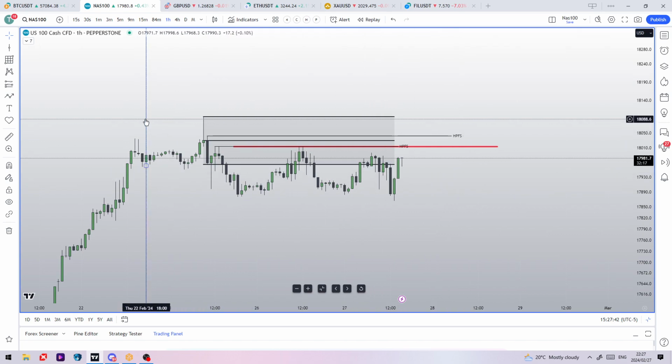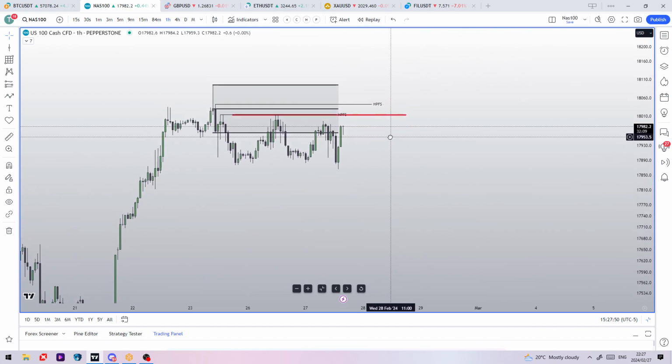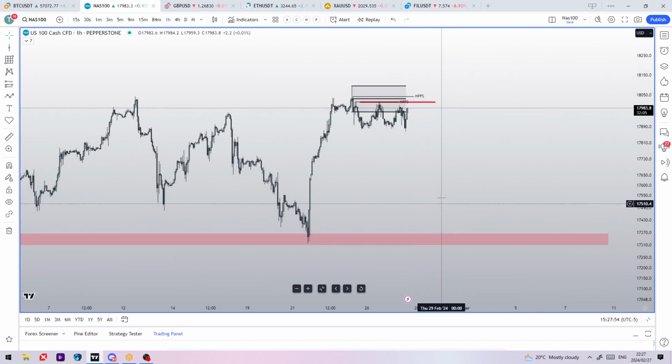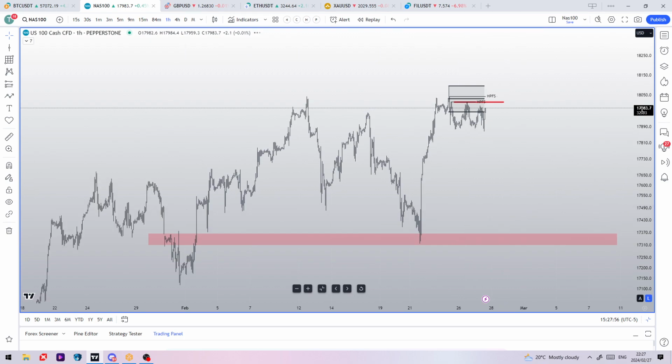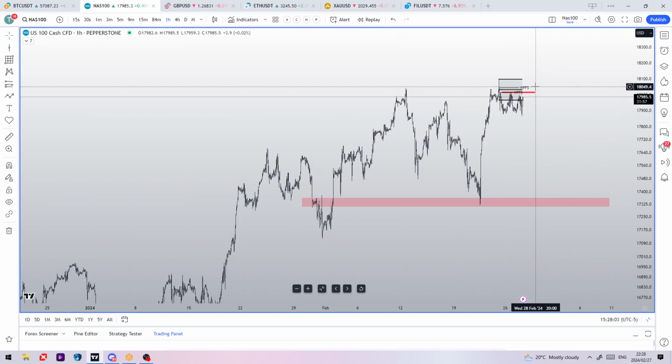Right, so we are in an interesting place or territory right here where this may give you a short opportunity that some of you may not have seen before. If we get this high probability failure swing and the model shows up and we start to sell off, expect this to get taken out.